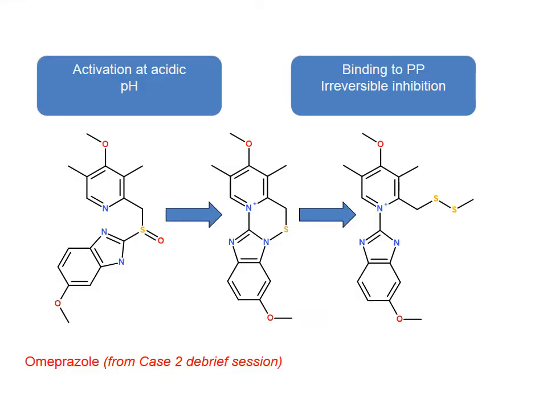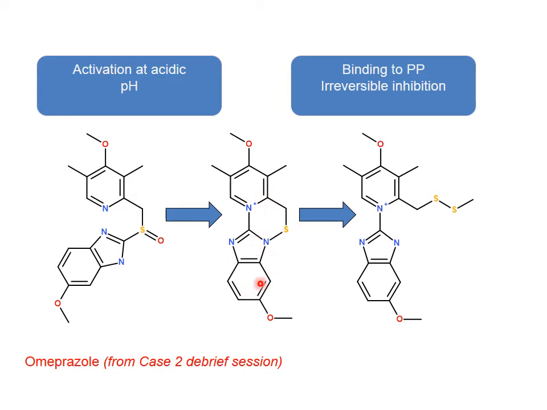Now, before the proton pump inhibitor can react with the proton pump, it needs to be activated by low pH. So here on the left you can see the proton pump inhibitor, in this case it's omeprazole, and at low pH this molecule undergoes a rearrangement as shown here to form this highly reactive species.